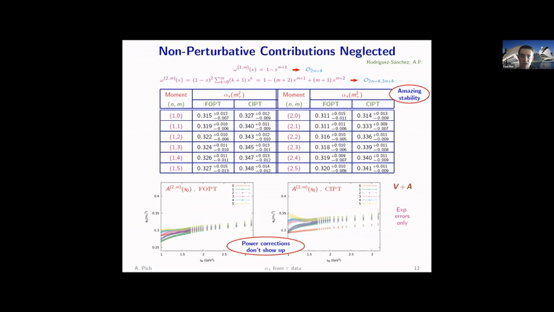Another amazing table is where you just take moments that are only sensitive to 1 or 2 condensates and nothing else. So the left part of the table are moments which are only sensitive to 1 condensate. The right-hand side of the table are moments which are only sensitive to 2 condensates.